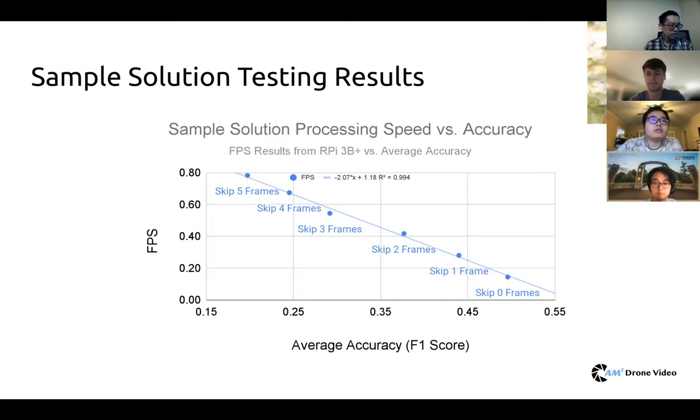I have a question about the trade-offs. So here we can say if we use the most aggressive skipping frames technique, I mean skip 5 frames here, the FPS is smaller than 1, right?